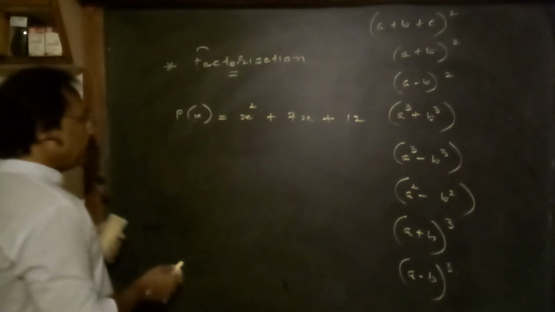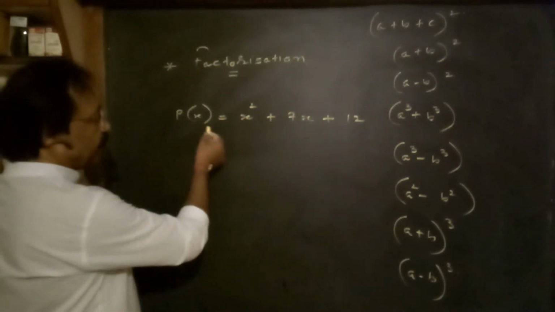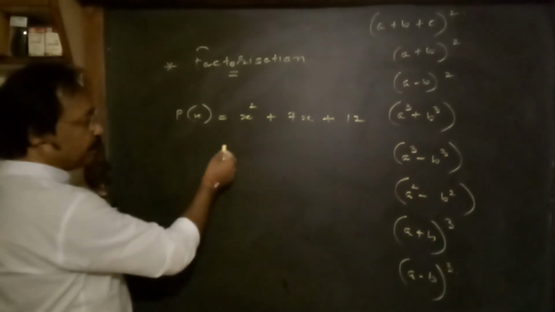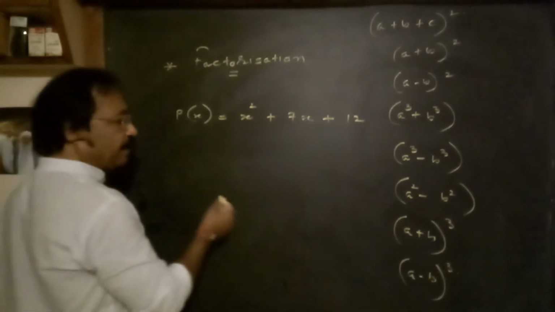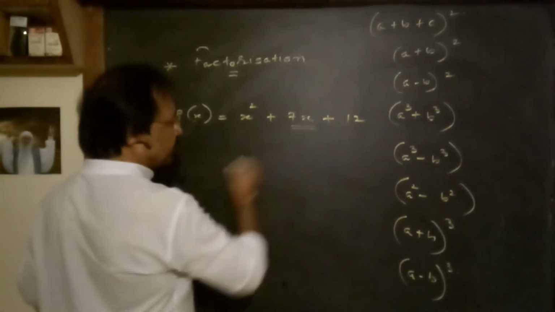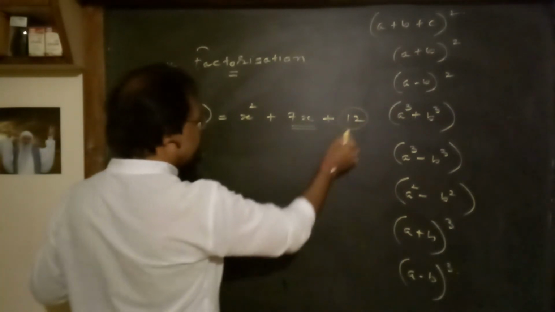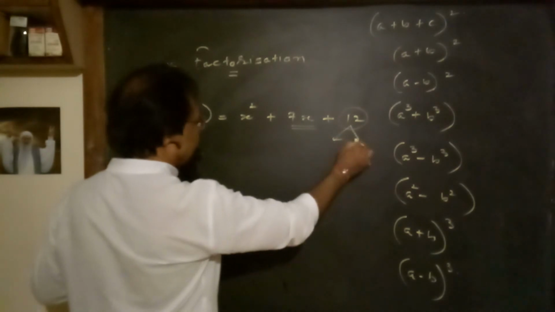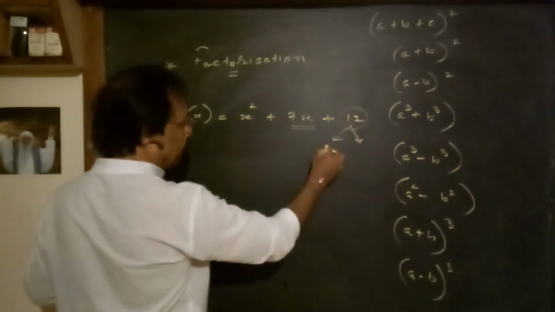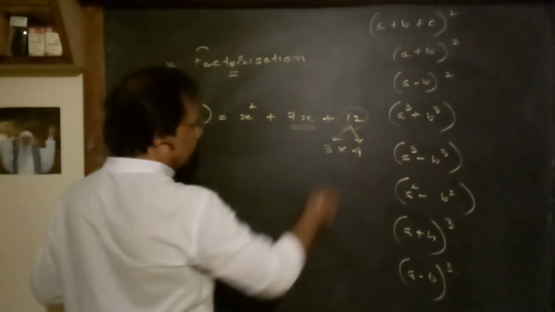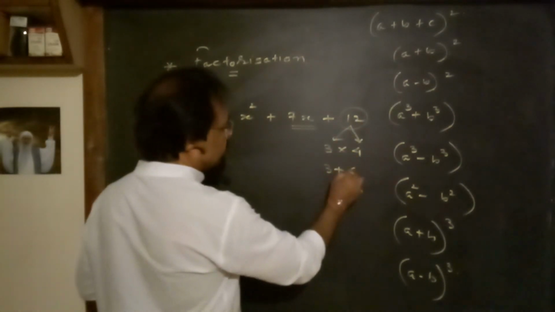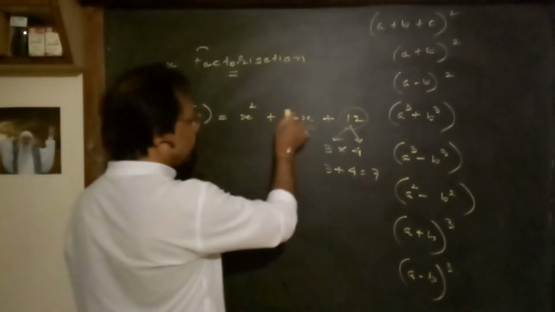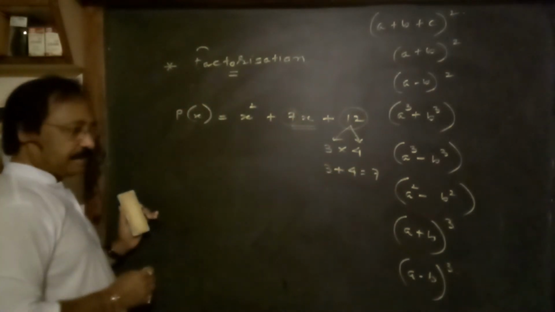Now, we come to the factorization. We have to factorize this polynomial. Here I am going to use the method of factorization, splitting the middle term. What is the middle term? 7x. Last one is 12. So I have to find out factors of 12 such that the multiplication should be equal to 12 and the addition of these two should be equal to 7. What is 7? Coefficient of x.